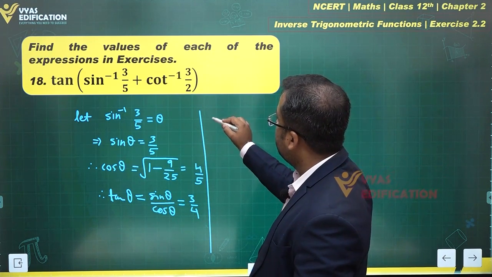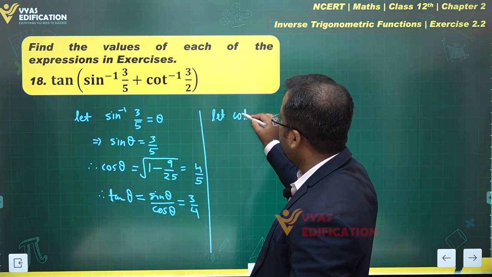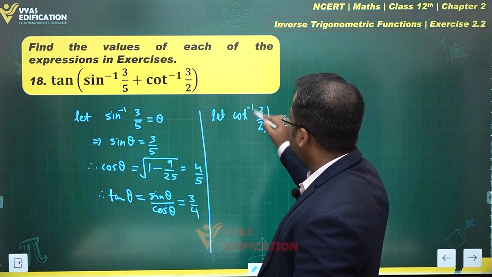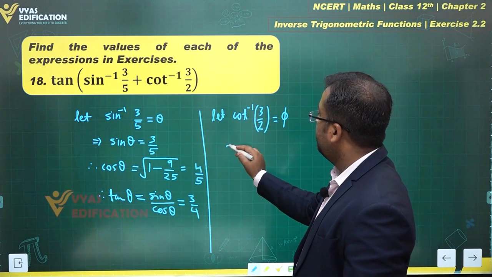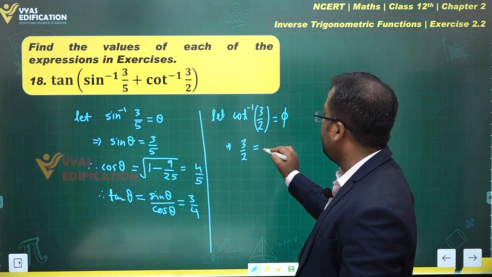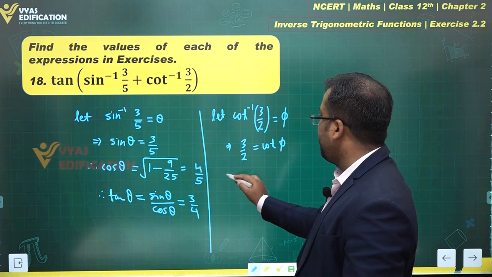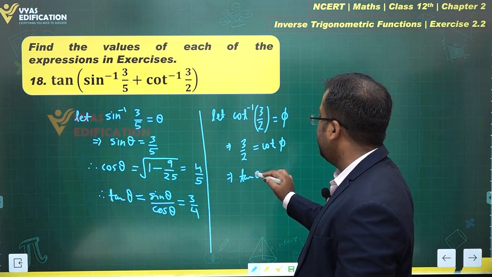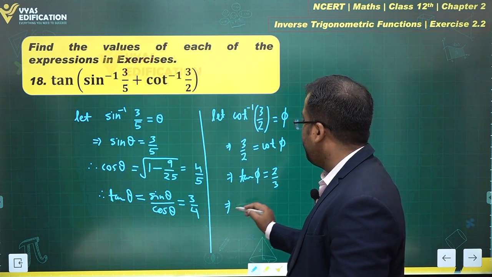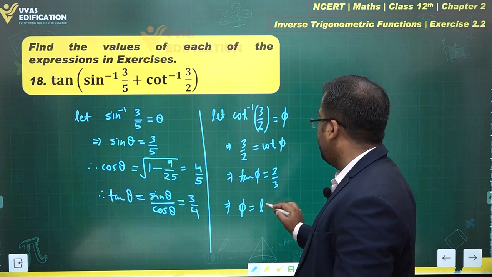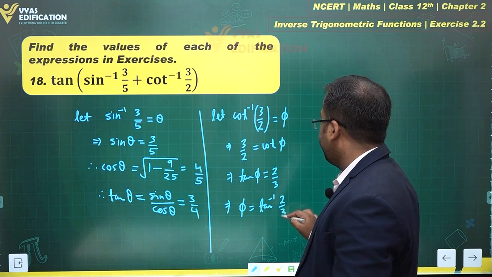What about the next? Let cot inverse 3 by 2 be equal to phi, which gives me 3 by 2 is equal to cot phi. With the help of cot phi, I can find tan phi very easily. Tan phi is 2 by 3. And this gives me phi is equal to tan inverse 2 by 3.